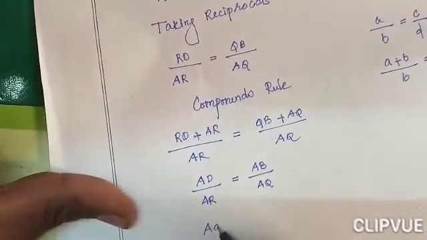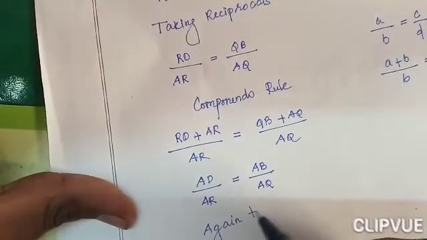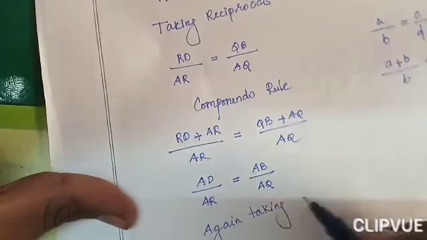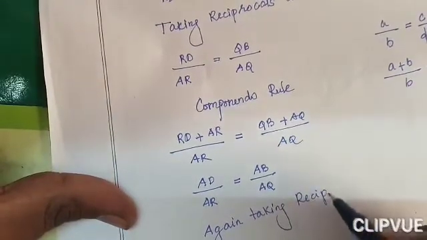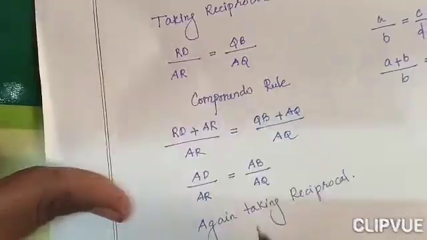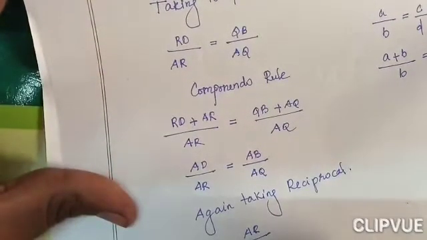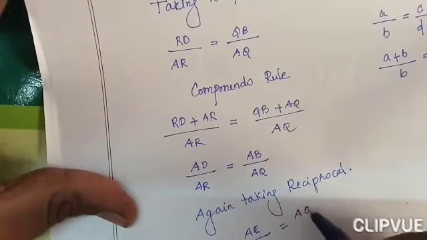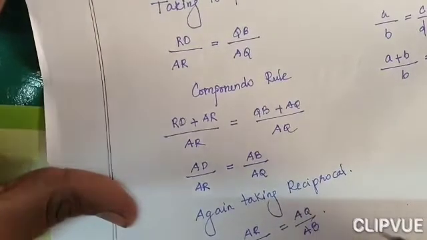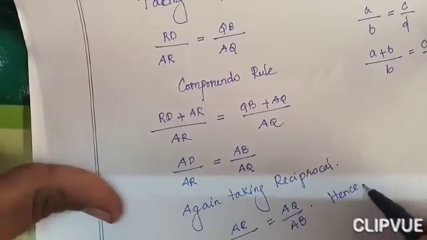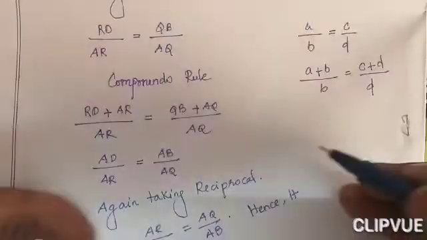So again taking reciprocal, we get AR by AD equal to AQ by AB. Hence it is proved.